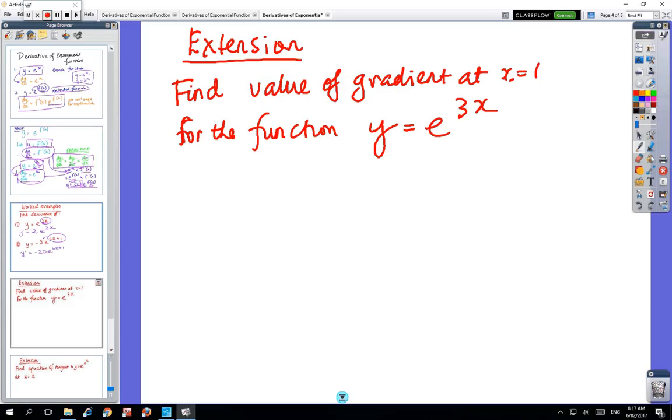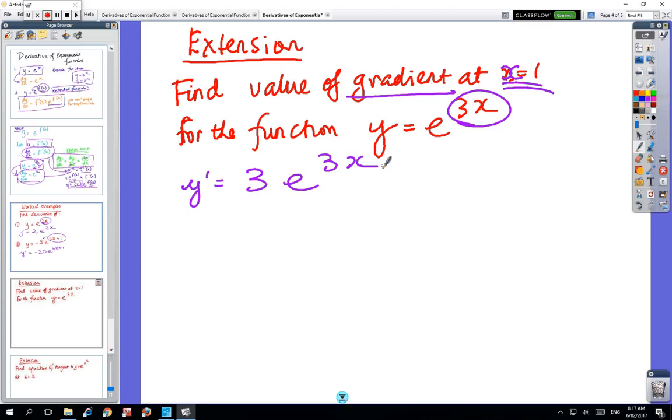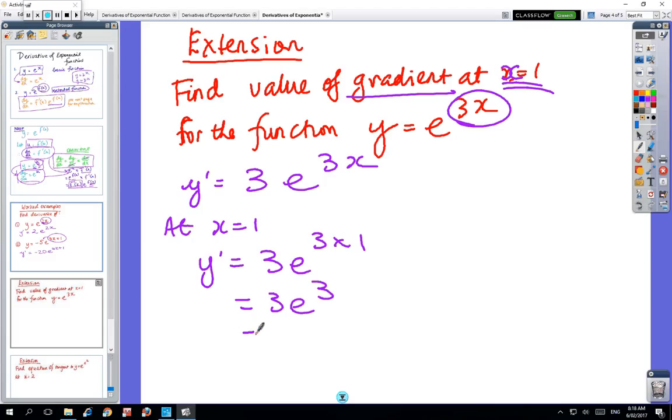Okay, so we're now looking at some extension questions. Find the value of the gradient at x equals 1 for the function. Okay, so the gradient is the value of the derivative at a particular value. So y dash: the derivative is going to be 3, so we get 3e to the 3x, and so at x equals 1, y dash equals 3e to the 3 times 1, and that's going to be the gradient.